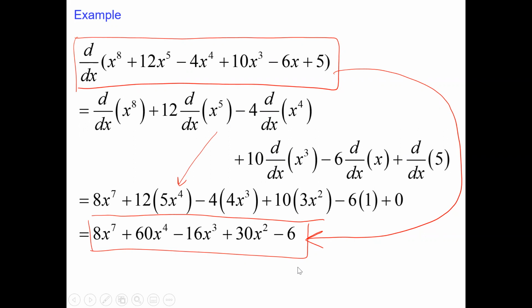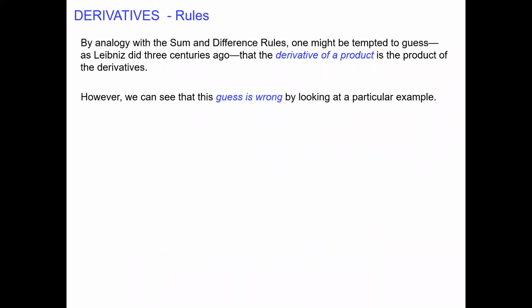Okay, but now the point of this session is to find another rule, let's start with the product. When we think about the rules that we just learned, the sum rule, the difference rule, we may guess wrong at first.